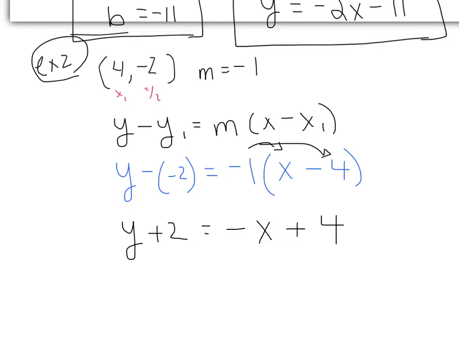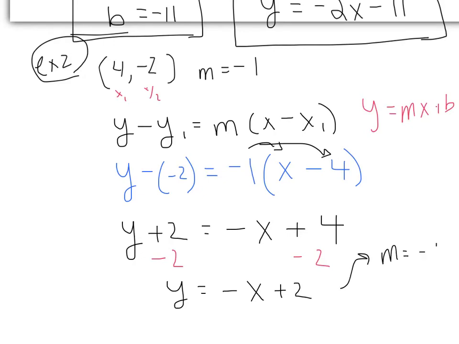Again, to get it into the slope-intercept form that is a little bit more helpful, we are going to subtract 2 from both sides, and I'm going to have y equals -x plus 2. Now I know that my slope is -1 and my y-intercept is 2, and I can graph this equation.